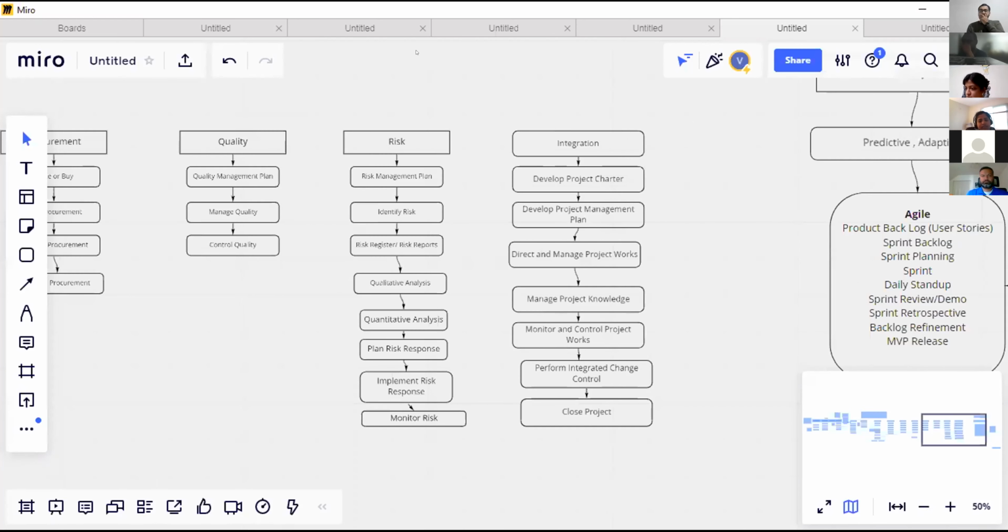Once we plan the risk response, then we have to implement those risk responses. And overall, in this whole process, we'll be continuously monitoring the risk process. And at the end, Ishwari or Jagan can take over.